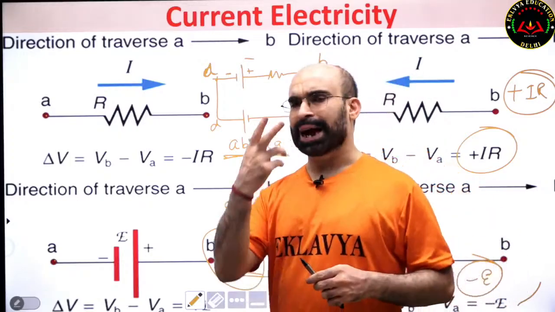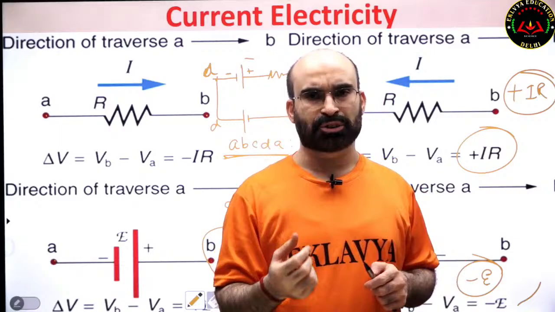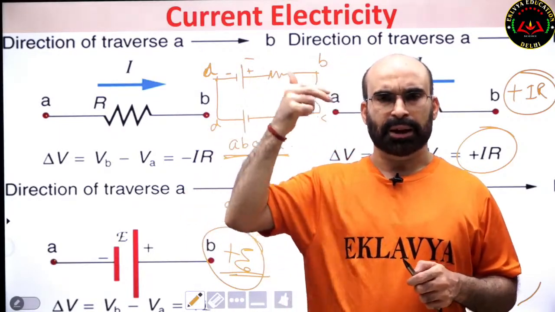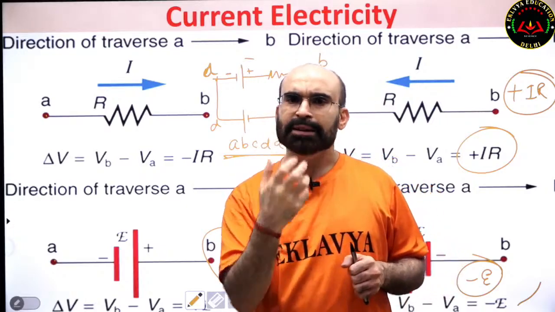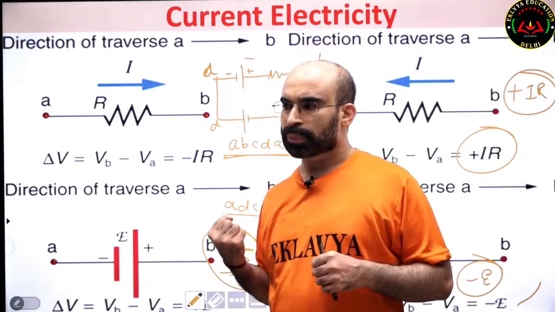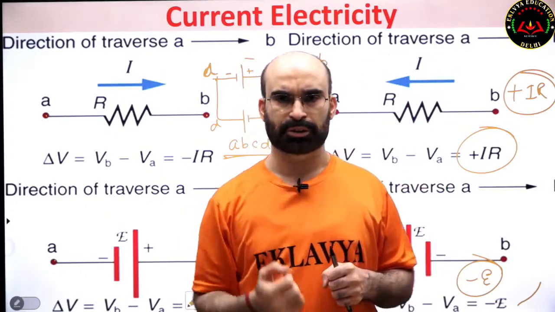One more thing I would like to tell you, in layman's language, you can put this in your mind: the cell is providing energy. So the cell is the supplier of energy and the resistor is the consumer of energy.